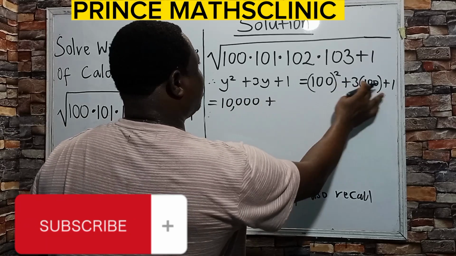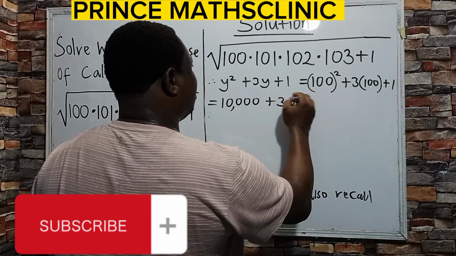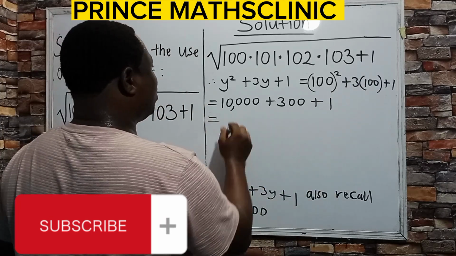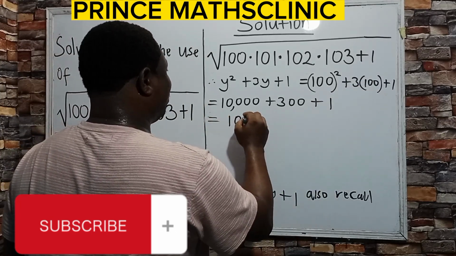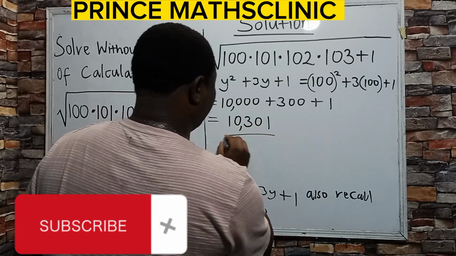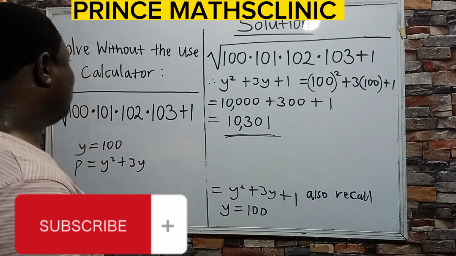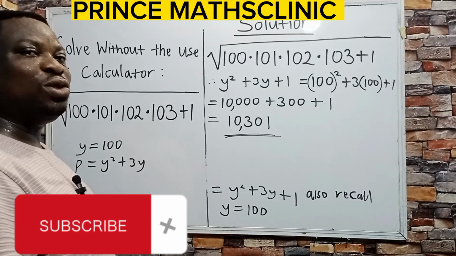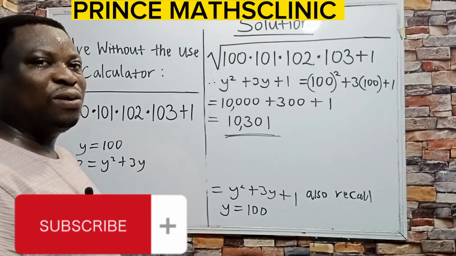Then 3 times 100 is 300, then plus 1. If you add everything together, it's going to be 10,301. That is the value of taking the square root of this number without the use of calculator.